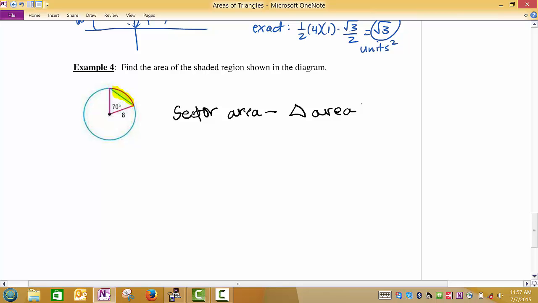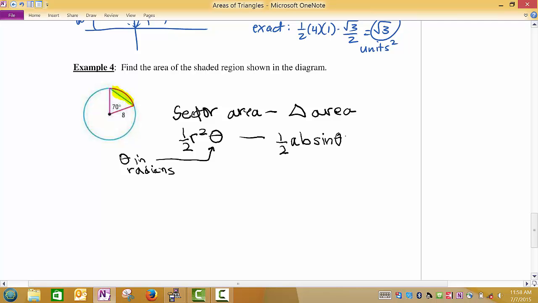For the circular sector, we want to use 1/2 r squared theta. But in that case, if we're using that formula, theta is in radians. So we'll need to convert that angle from degrees to radians. And then the triangle area is 1/2 AB sine theta.